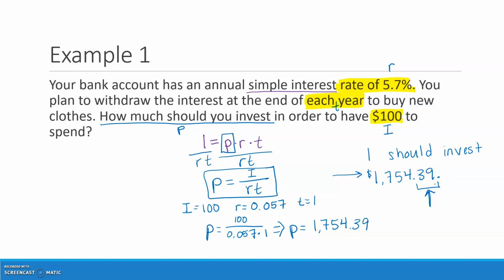Whenever we're dealing with money, there should be 2 numbers after the decimal, even if that second number is a 0, we would write it like 1,754.40. But we didn't get that this time, so this is what our final answer should be. So you've got 3 parts: the equation, the solution, and the sentence.